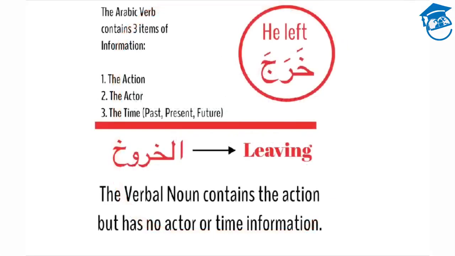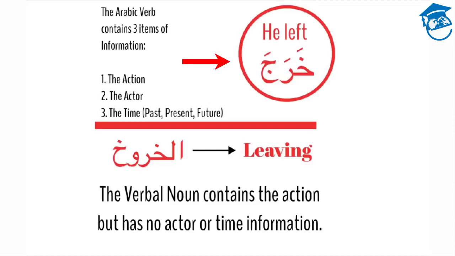Let's examine the relationship between the present tense verb, al-fa'al al-mudara, and the masdar, or the verbal noun. The Arabic verb contains 3 items of information. 1, the action, 2, the actor, and 3, the time, whether it's past, present, or future. For example, the verb kharaja.